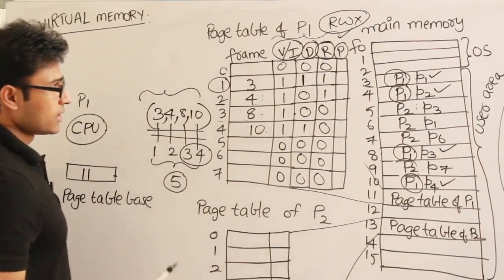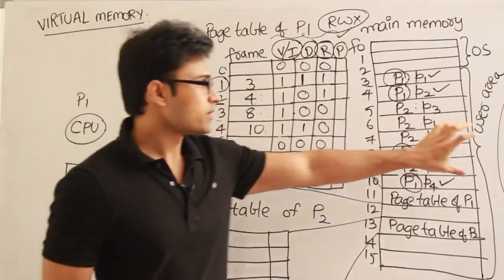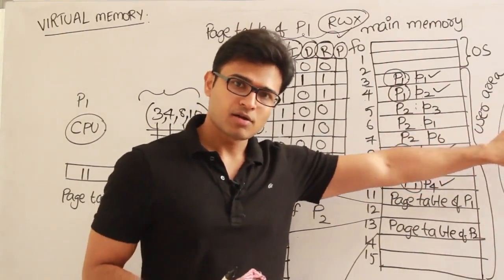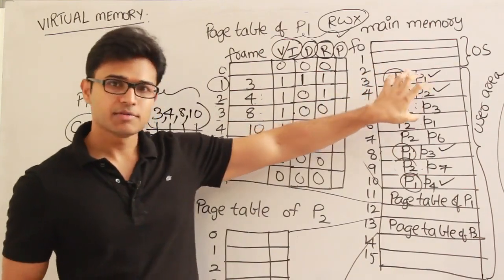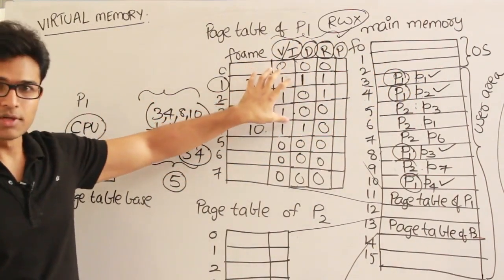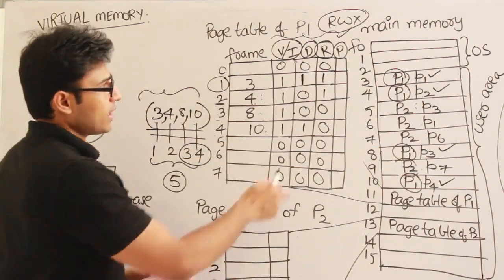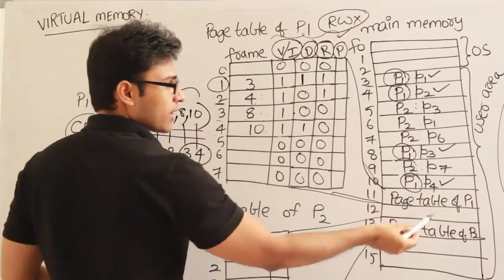And one interesting thing is, even this page table whatever I have shown you, see, the process is present in secondary memory, fine, and now a part of the process is present in main memory, fine, and the information about which part is present in main memory is present in the page table, and now even this page table has to be in the main memory, which means this entire page table is again going to be present in the main memory, right?